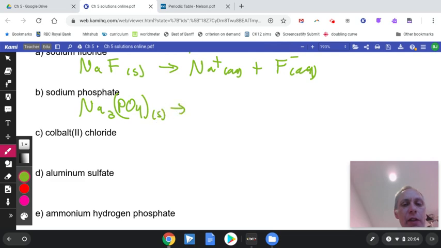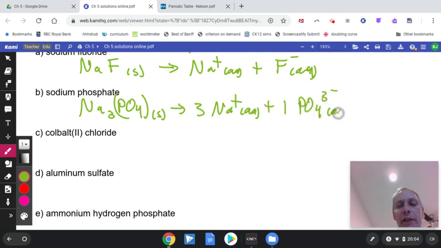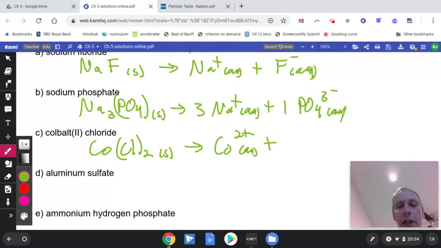Okay, sodium phosphate, 3 Na pluses, aqueous, and 1 PO4 3 minus, aqueous. Cobalt 2 chloride, CoCl2, dropped into water, becomes Co 2 plus, aqueous, and 2 Cl minus, aqueous. So we're balancing these as well.